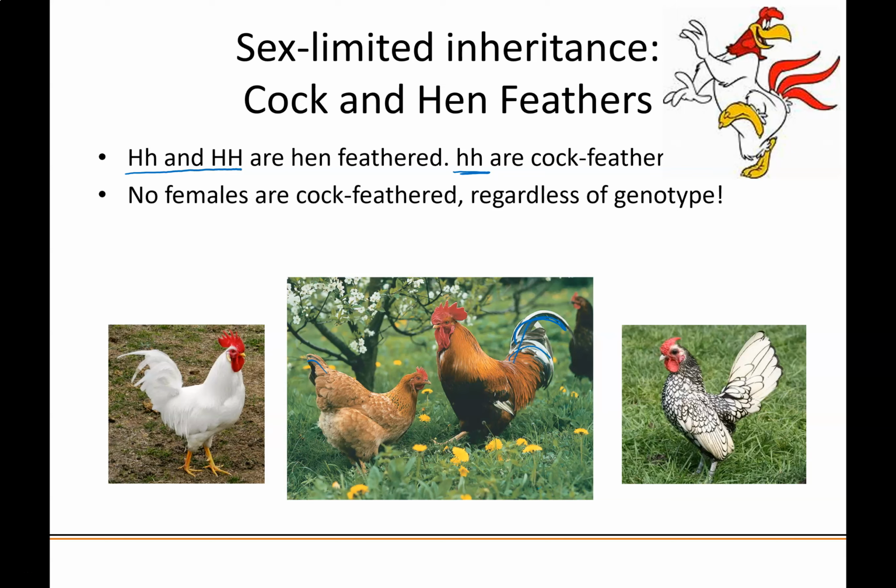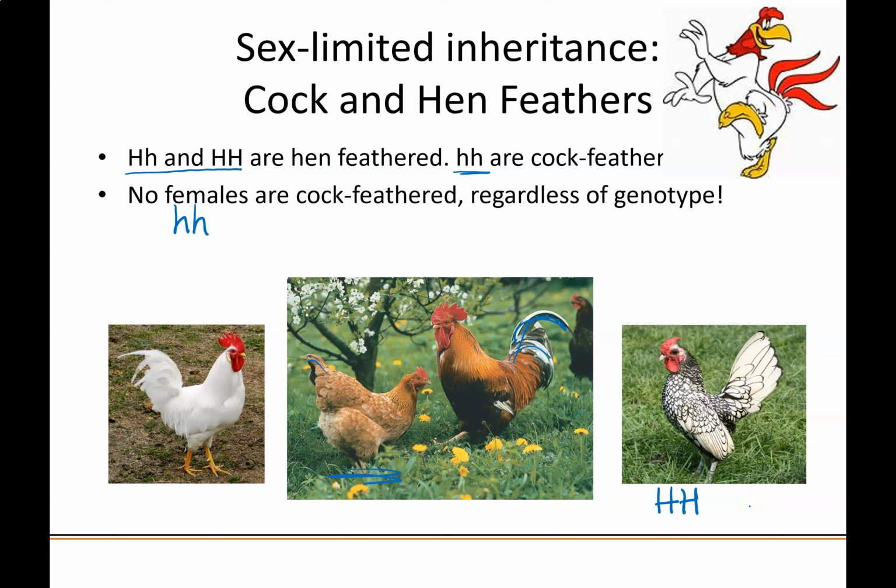Now, even if a female has the homozygous recessive allele complement, she is not going to be cock feathered. So no matter what her actual genotype is, she's always going to be hen feathered. So these guys over here, these are called Sebright bantams. All of these individuals are HH. So there's actually no dimorphism. They're all hen feathered.